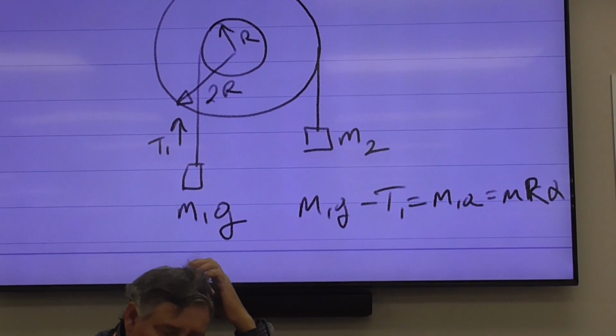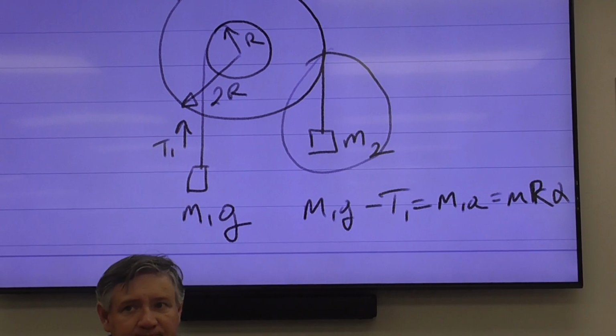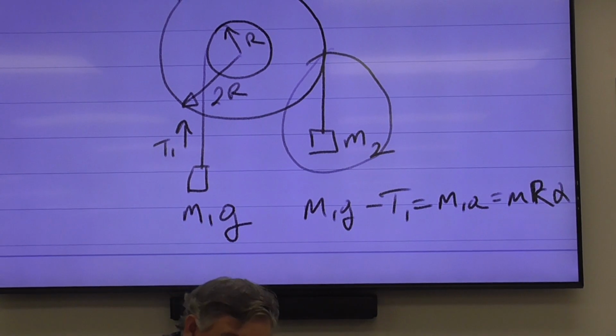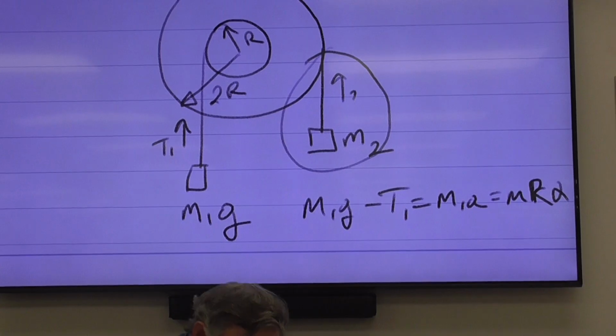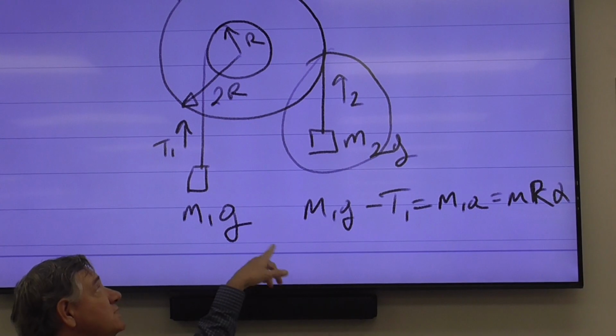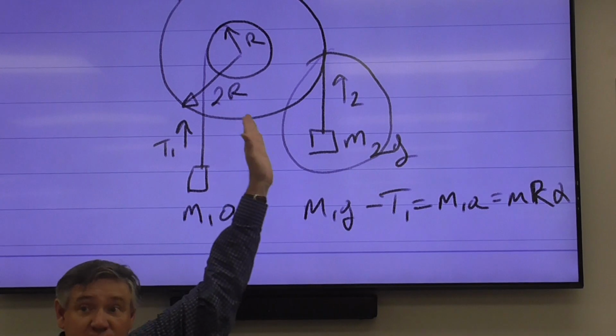Now, what's going to happen over here on M2? Tension's acting up, and M2G is pulling it down. Which one's going to be bigger? T2, because that's the direction that it goes.